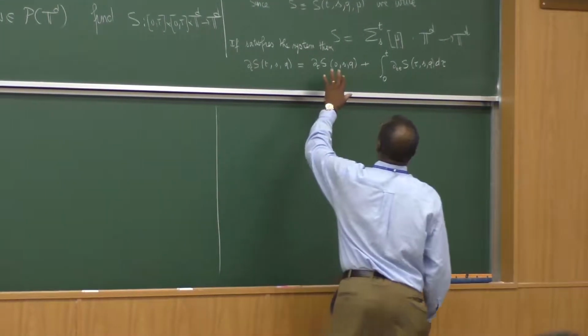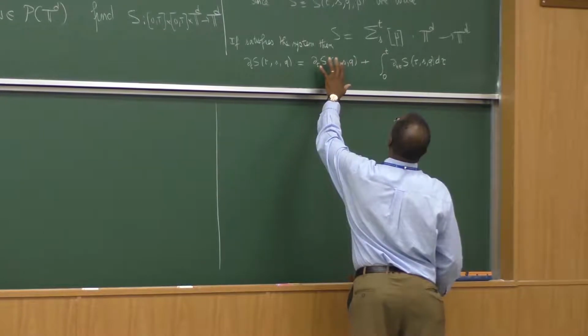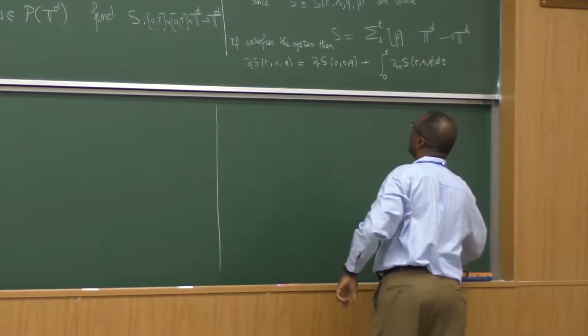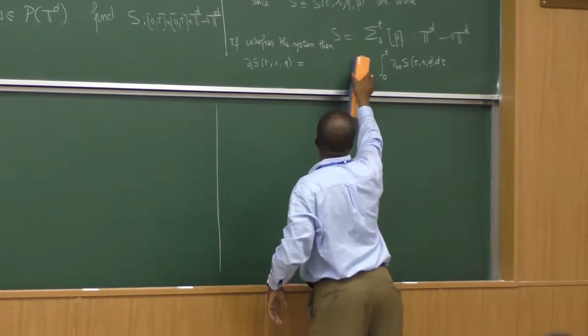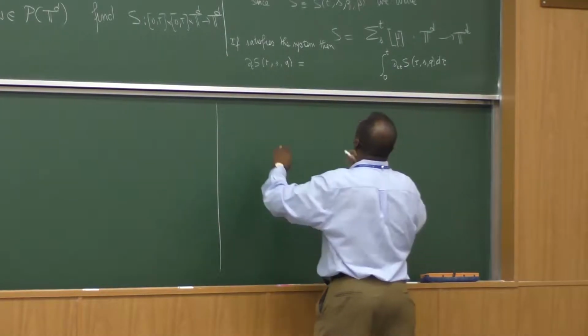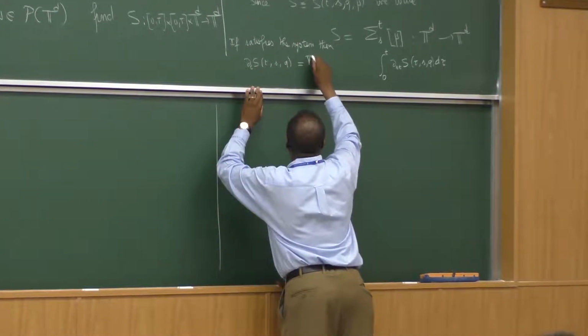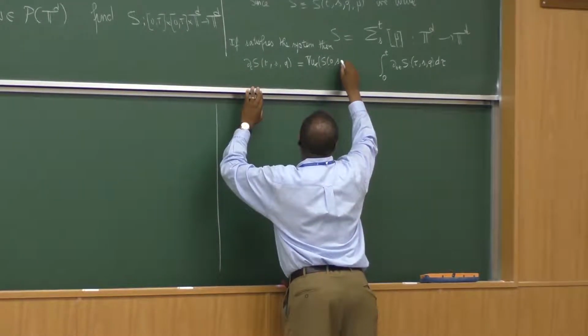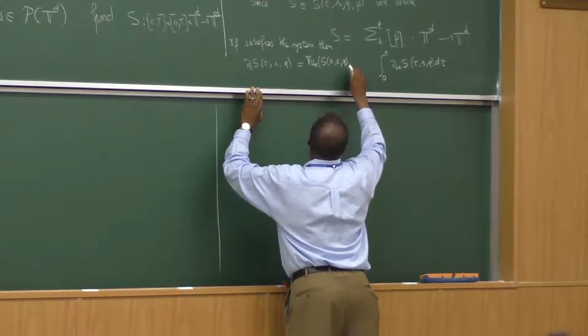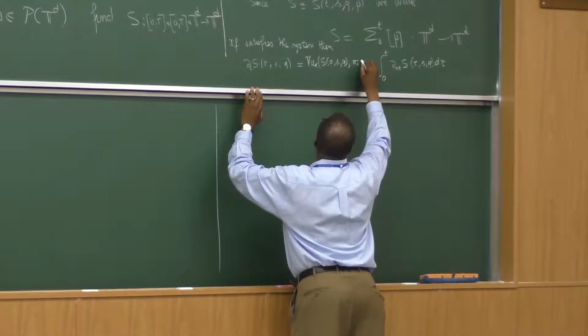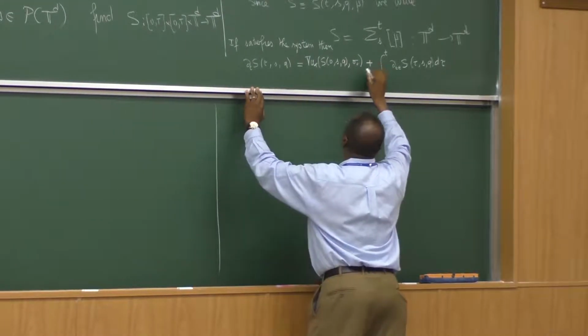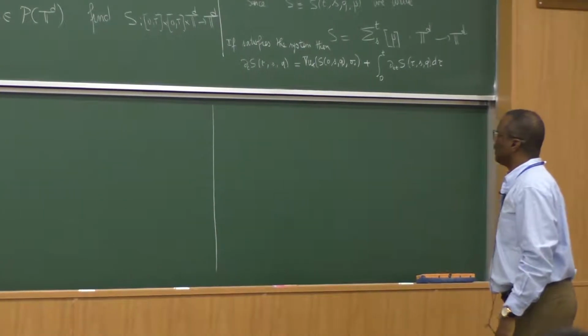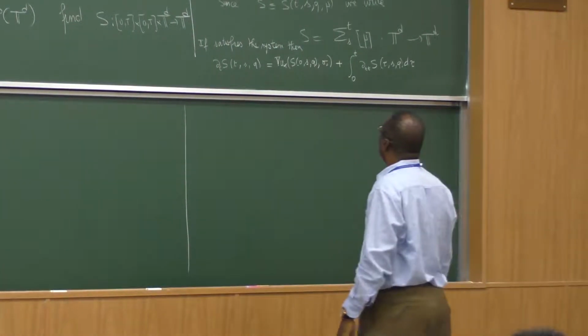Now, I am going to replace the derivative at time 0 by what is there, so it will be the gradient of u star of S of 0, s, q, sigma 0 plus the integral.